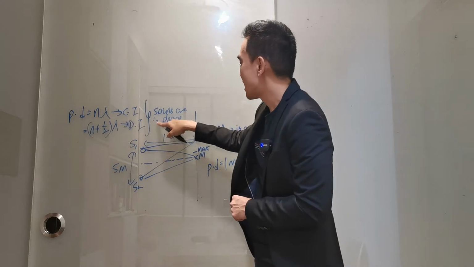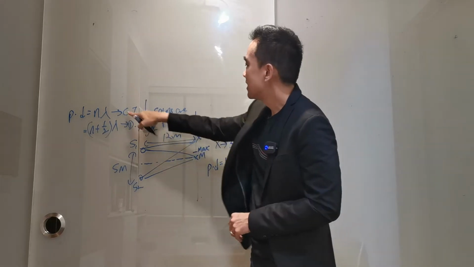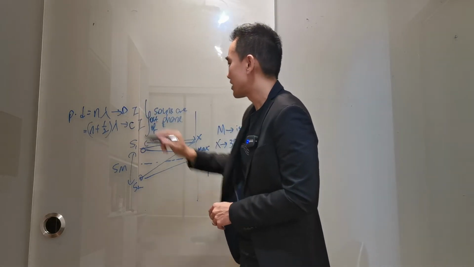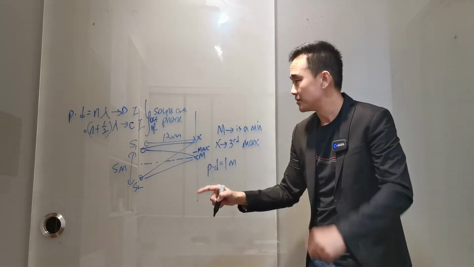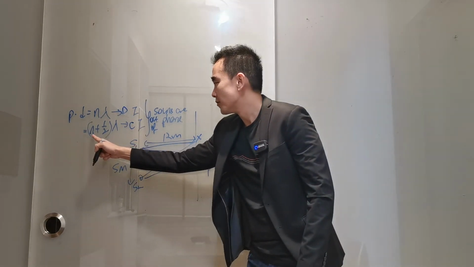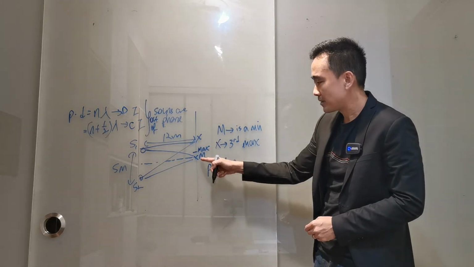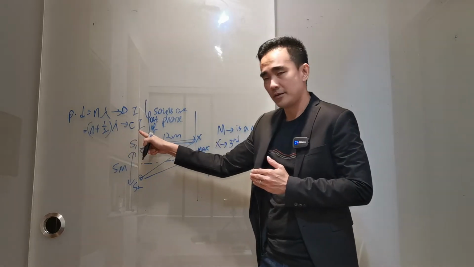So this would be destructive and this would be constructive. If it is a maxima at this position, the first maxima, then the path difference there must have been half lambda. 0 lambda minima, half lambda maxima.